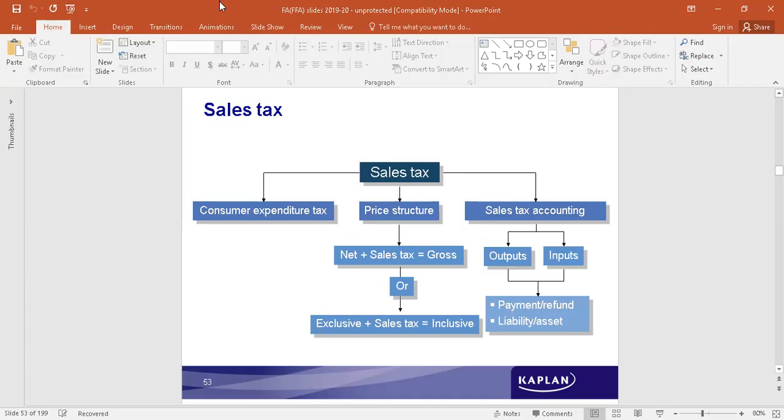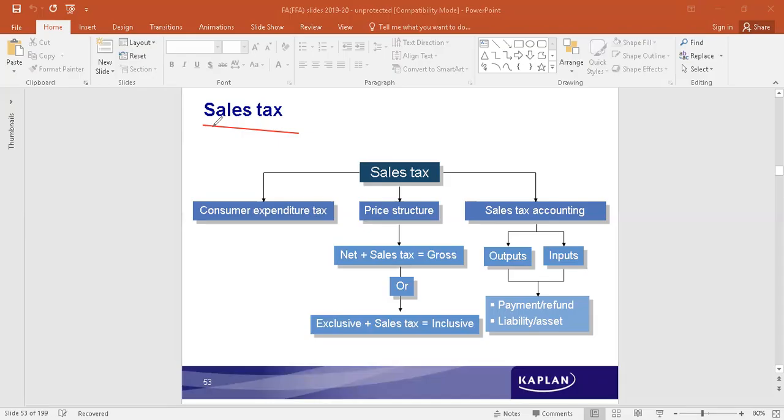Sales tax. Sales tax is an indirect tax. When the seller sells the products, the price is inclusive of a tax amount which the seller is collecting from the buyer and takes up this responsibility of making this tax payment to the government.